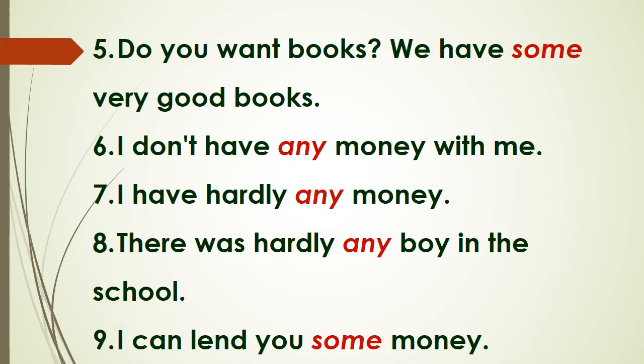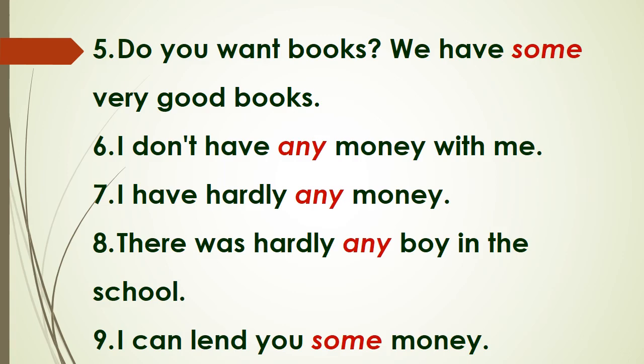Next is, do you want books? We have some very good books. Now again, two different sentences with two different senses. Do you want books? We have some very good books. That means a positive implication: we have good books for you if you want. Next is, I don't have any money with me.